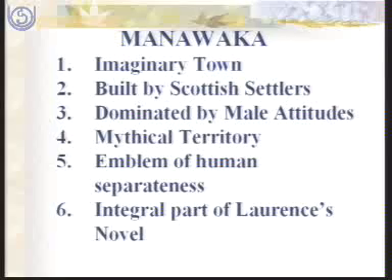Now, the first thing that we should take up is Manavaka, because that is the background against which she places her novel, not only this novel, but all her other 5 novels. Now, Manavaka is an imaginary town, very much like the imaginary town which R.K. Narayan has built, which is called Malgudi.